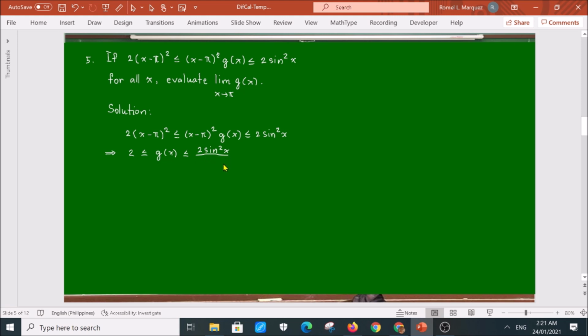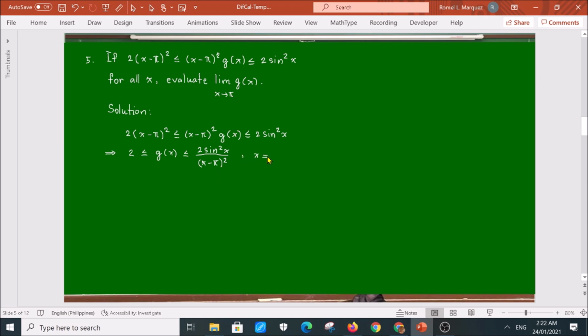over (x minus pi) quantity squared, since in this limit we're just interested in values of x that are close to pi but not equal to pi.